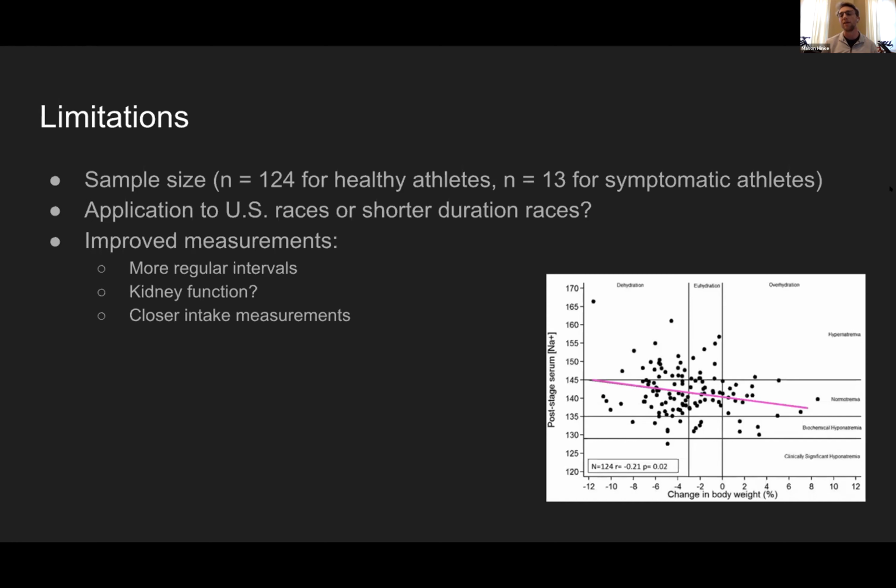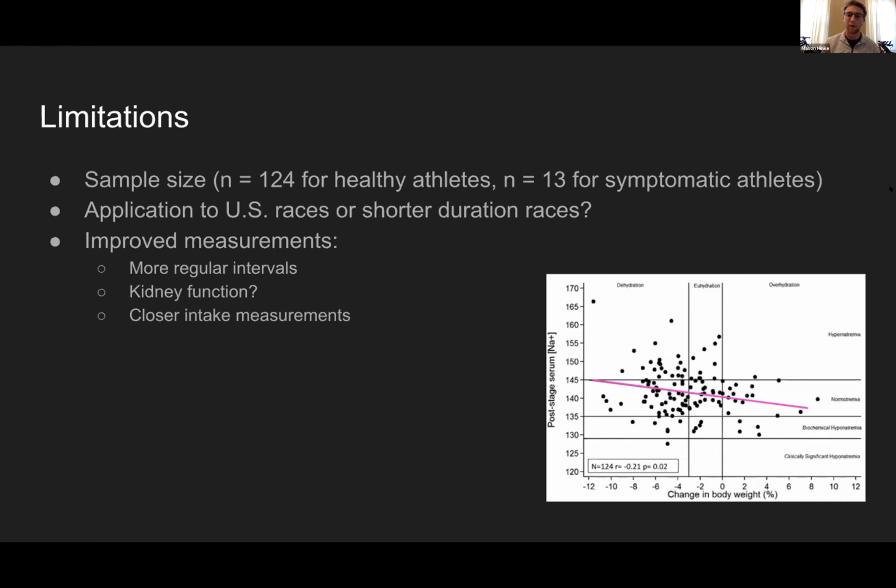So a little bit more data to help figure out what is driving these abnormal sodium levels. And then also just closer intake measurements. It wasn't entirely regulated how much athletes were eating at recovery or the recovery process in general.